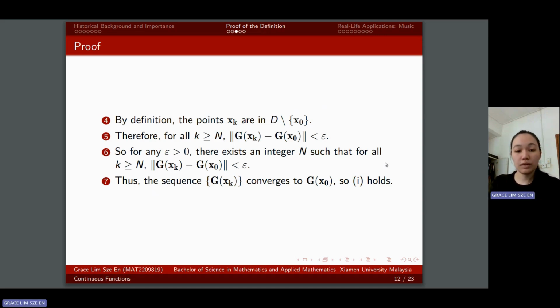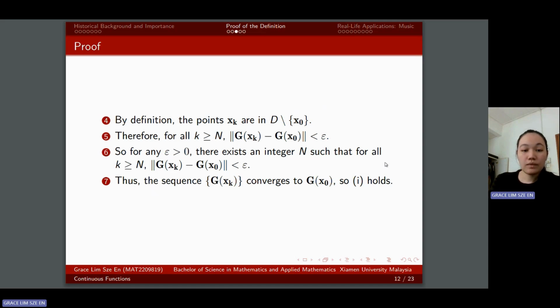And in point number 5, it says for all k bigger than or equal to n, |g(x_k) minus g(x naught)| is less than epsilon. Because the points x_k are within delta distance of x naught, as we established earlier, now it's saying that the difference g(x_k) minus g(x naught) is less than epsilon, thanks to the condition that we assumed earlier.